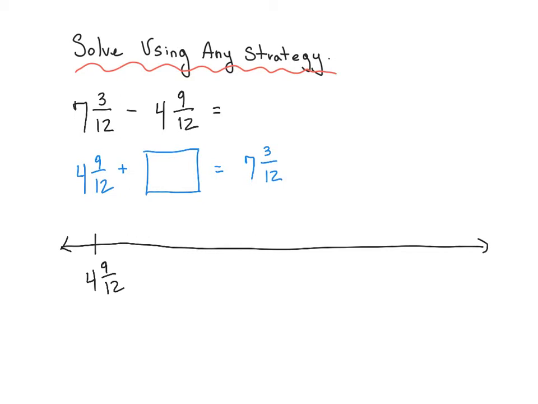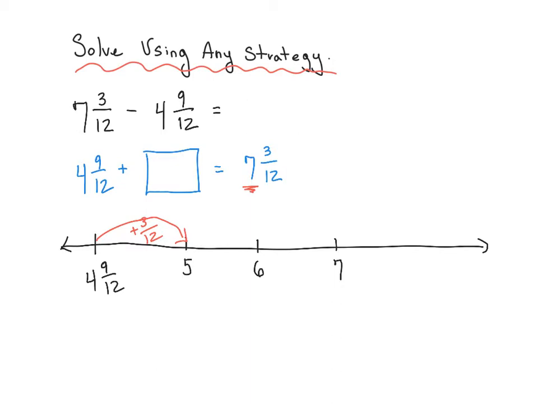Well, the next whole would be a 5. So I jumped to get to that next whole by adding 3/12 to that. All right, now I'm at the next whole, but my goal is to get to this 7.